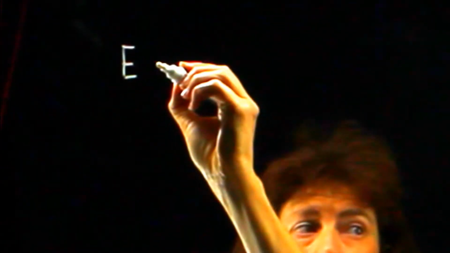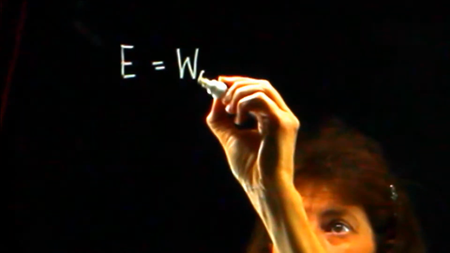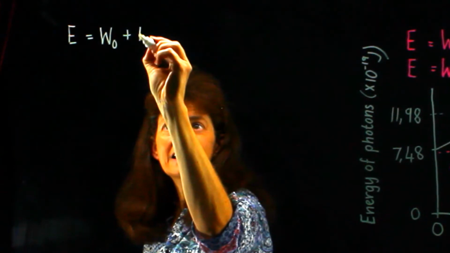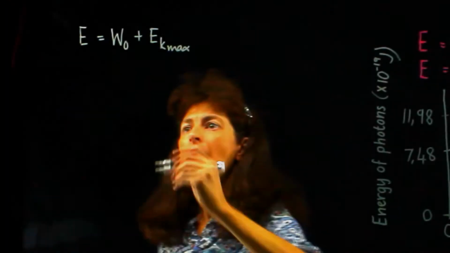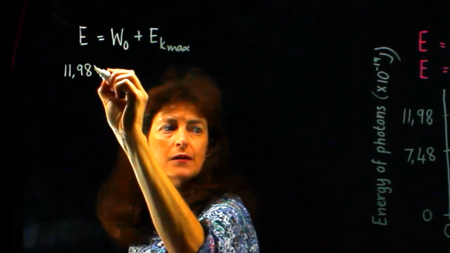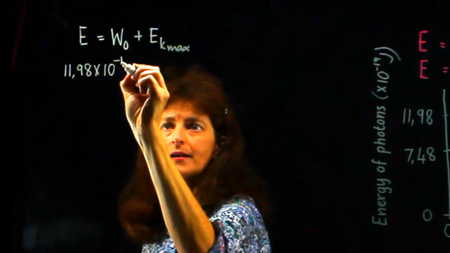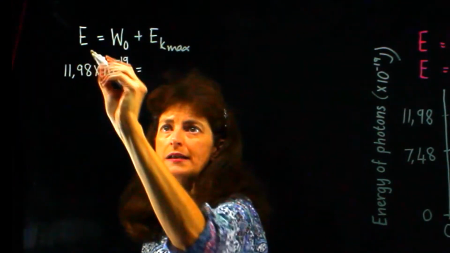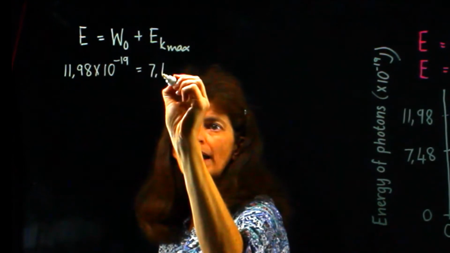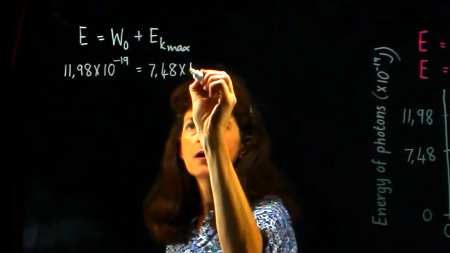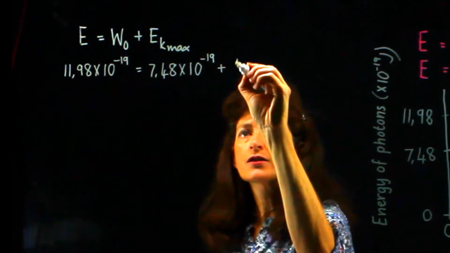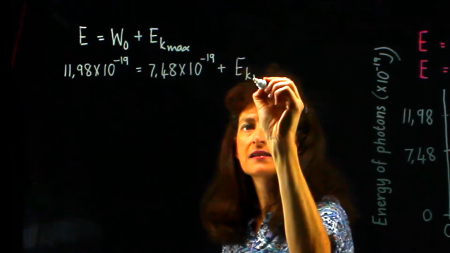The energy of the photons is equal to the work function, which we know from over here, plus EK max. So we substitute that value, 11,98 times 10 to the power minus 19 joules, into E there. The work function we know is 7,48 times 10 to the power minus 19. And we need to find out what EK max is.